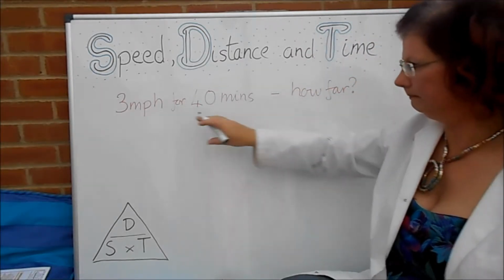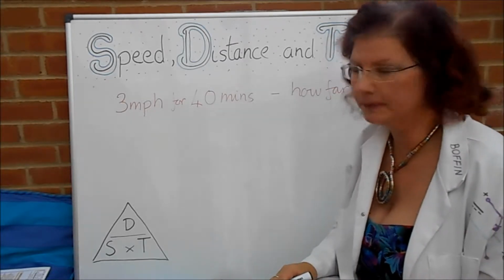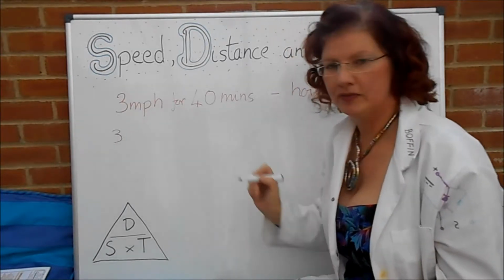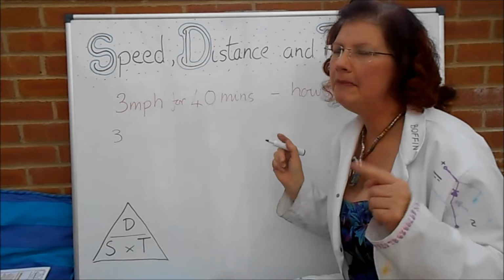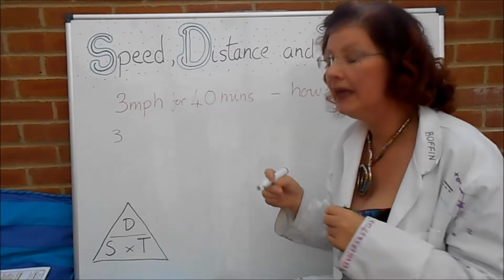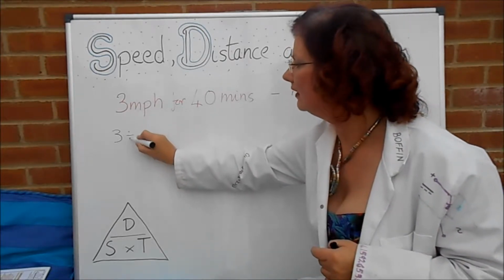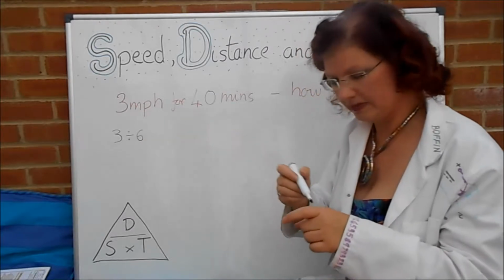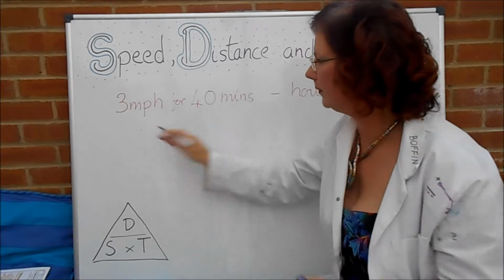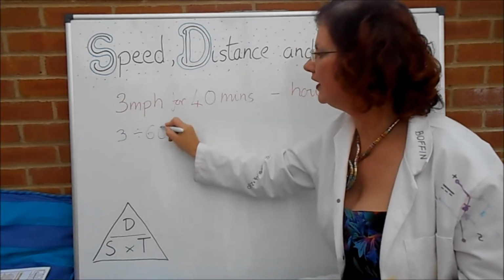So first of all, I'm going to convert those miles per hour into miles per minute. If I do 3 miles per hour, then in a minute I'm going to do less, because a minute is a short amount of time. There are 60 minutes in an hour, so I need to do 3 divided by 60.